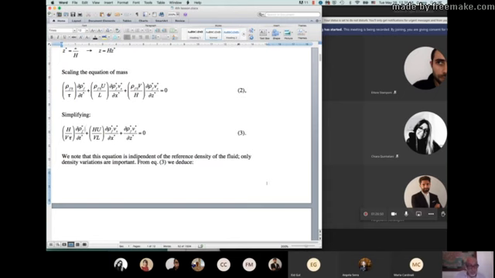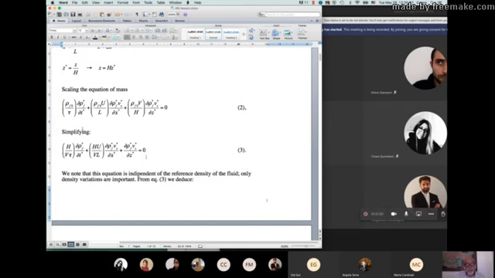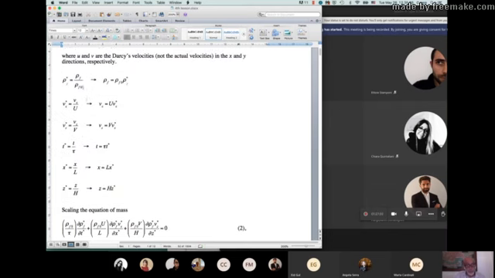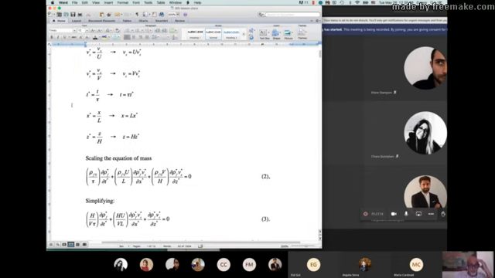Since they are scaled to the maximum density, the density can vary between 0 and 1. We have seen that in this equation out here. So each of these variables can vary between 0 and 1.